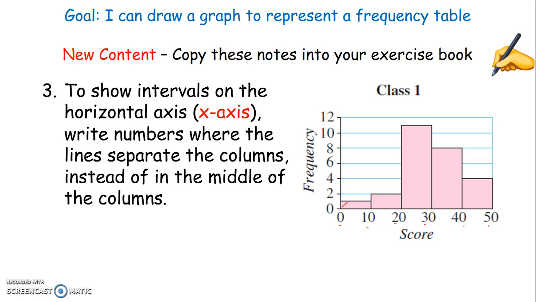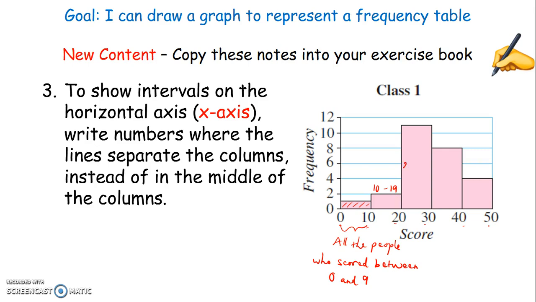What I mean by interval is this. Let's say I pick this one. What this is saying is that it shows all the people who scored between 0 and 9 inclusive. Then here we have all the people between 10 and 19.